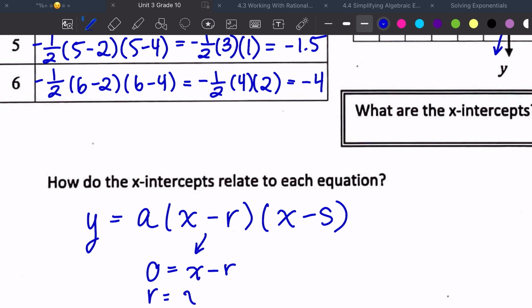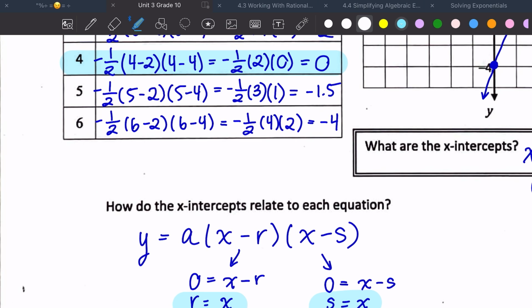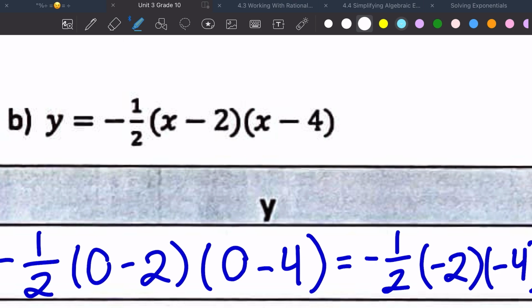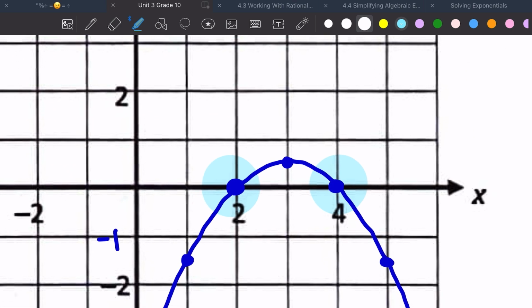And same thing with this one, at 0, this will be an x-intercept, and this is going to be s. R and S are just placeholders, just like letters, just like how we use A, H, and K. It's the opposite sign. You can think of that, because even here, we had minus 2 and minus 4, and we crossed at plus 2 and 4.